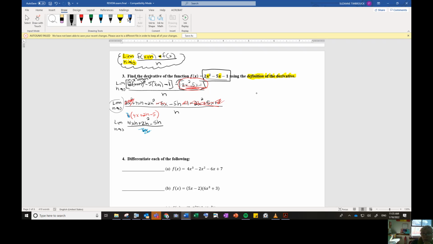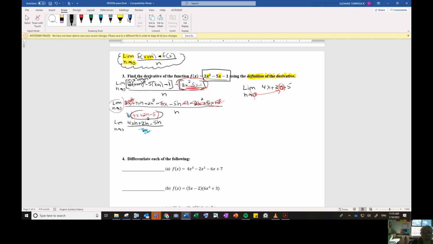So I am going to write this one more time. What I'm going to be evaluating is the limit as h approaches 0 of what's left, 4x plus 2h minus 5. So now this 0 is going to go in for h. I no longer have to write that because I've done it.